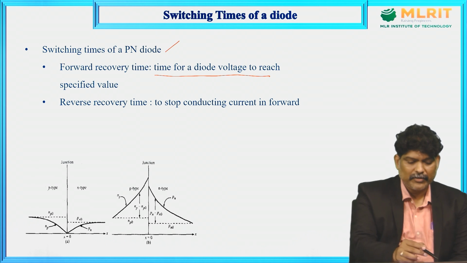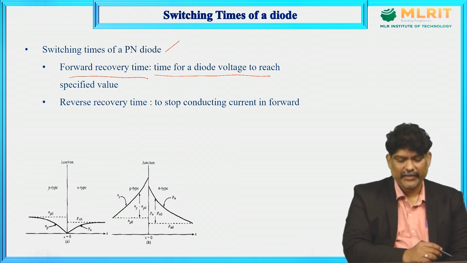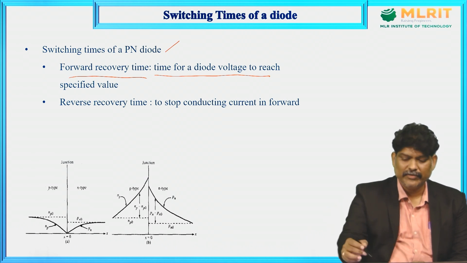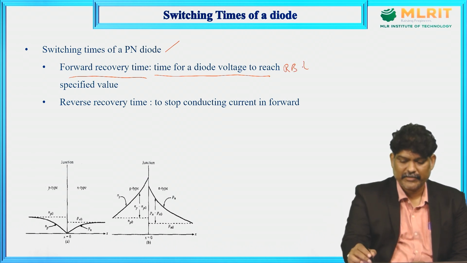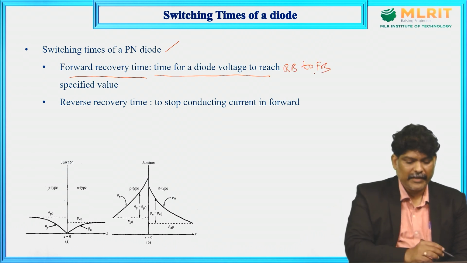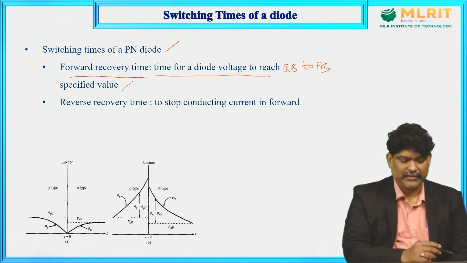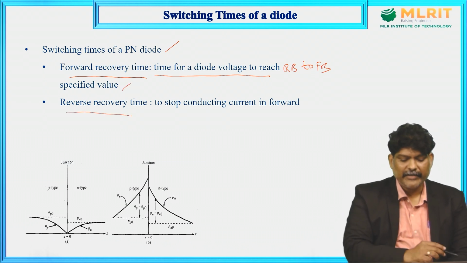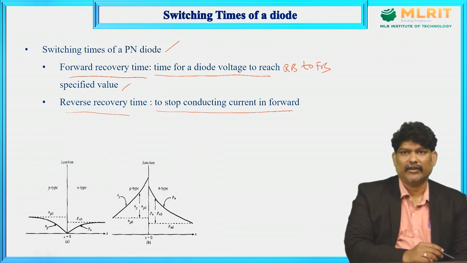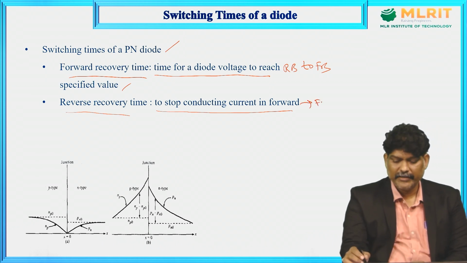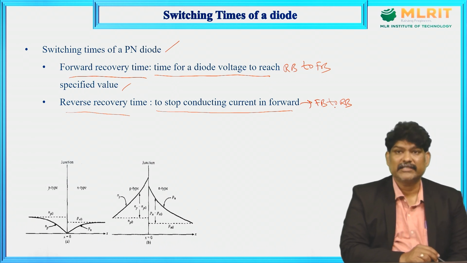That is called the forward recovery time, for the diode voltage to reach from reverse bias to forward bias and acquire a specific voltage. Similarly, the reverse recovery time is the time to stop conducting current in forward bias, so forward to reverse bias. When going from forward bias to reverse bias, it is called the reverse recovery time.